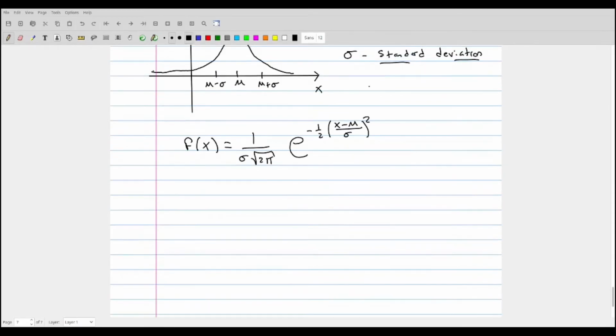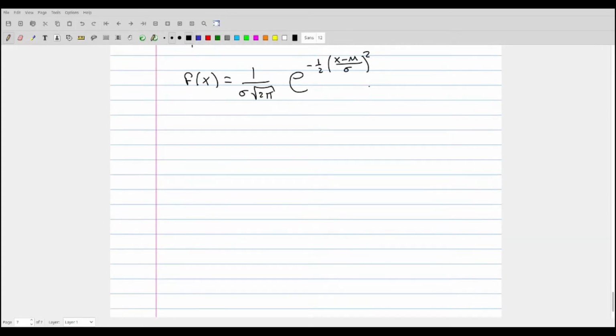There are many ways of describing this. It's a really interesting theorem that you'll get to in probability and statistics called the central limit theorem, which roughly states that the average of multiple samples of a given random variable will eventually converge to this normal distribution.